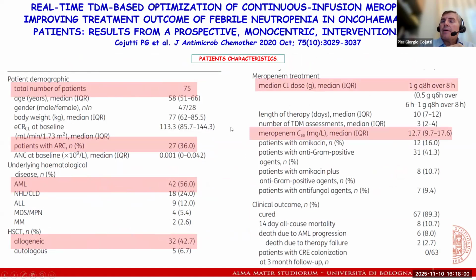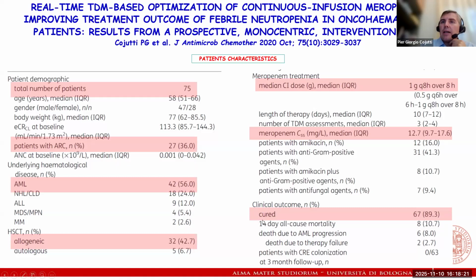By giving meropenem, in this case, by continuous infusion in this population, here you can see in the slide the median dose of 1 gram every 8 hours, and the concentration achieved of 12.7 milligram per liter as median concentration.